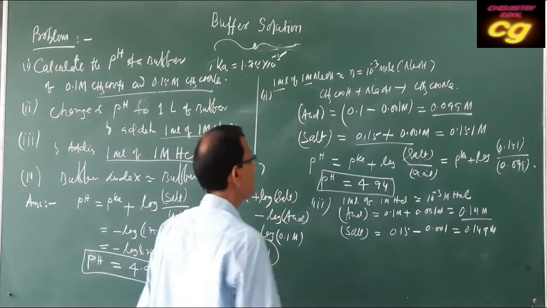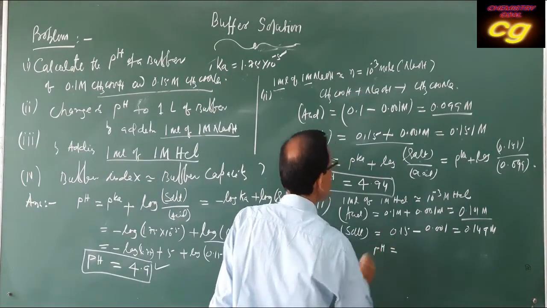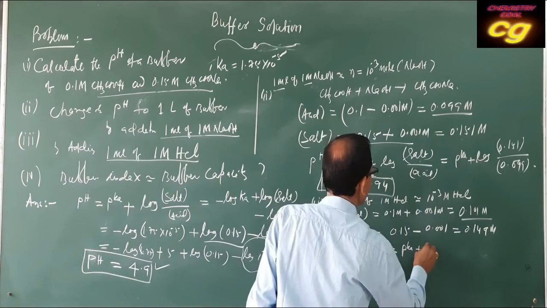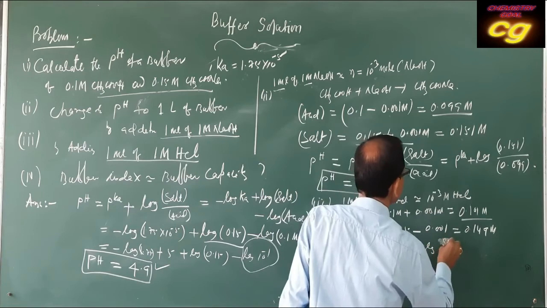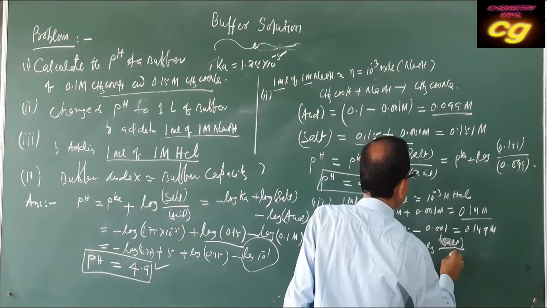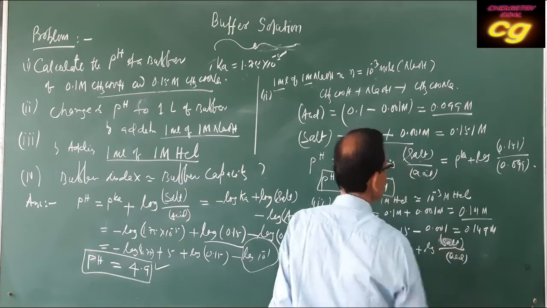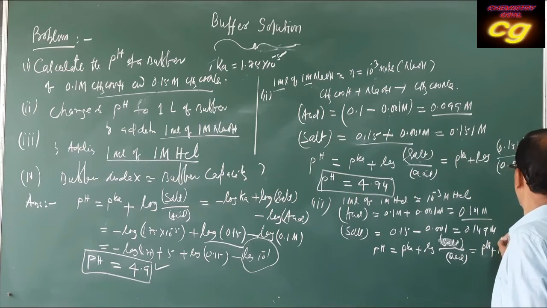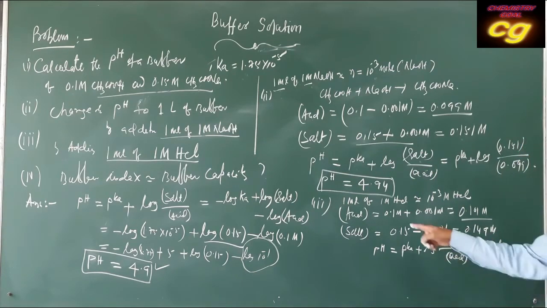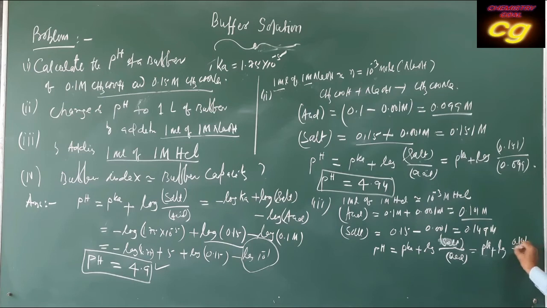So you can calculate the pH. pH is equal to pKa plus log salt to acid. Sorry, I said acid to salt, it will be reversed.